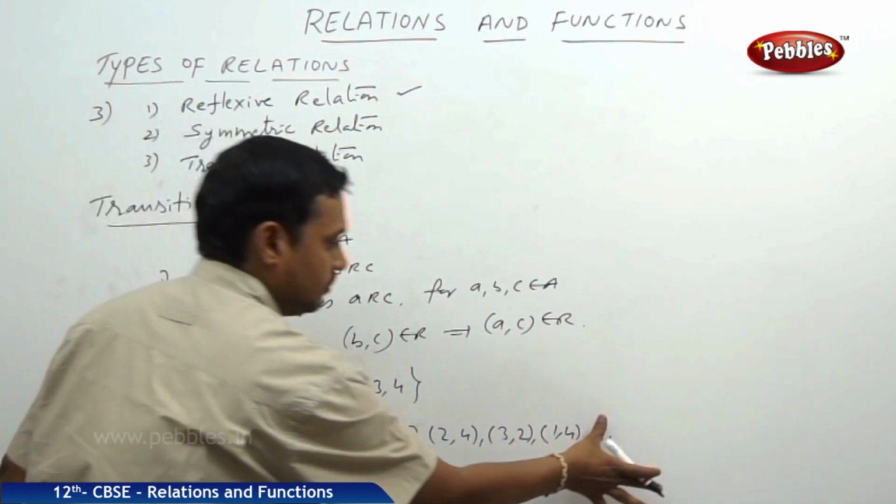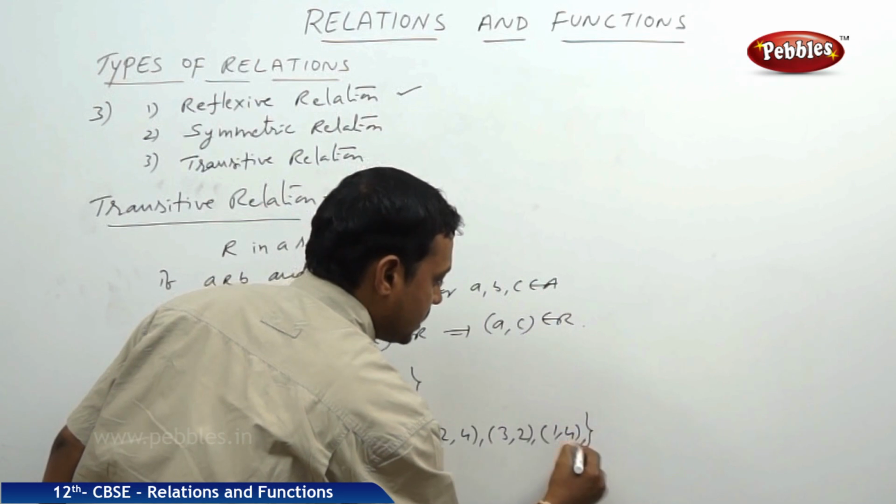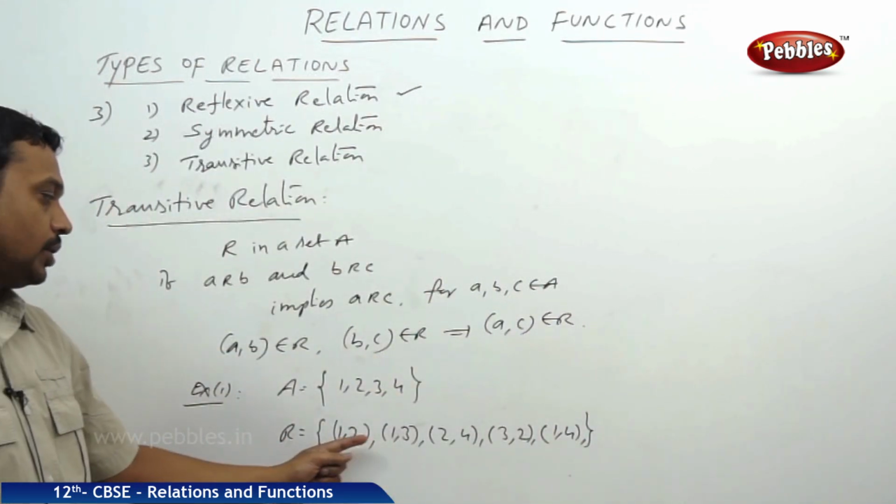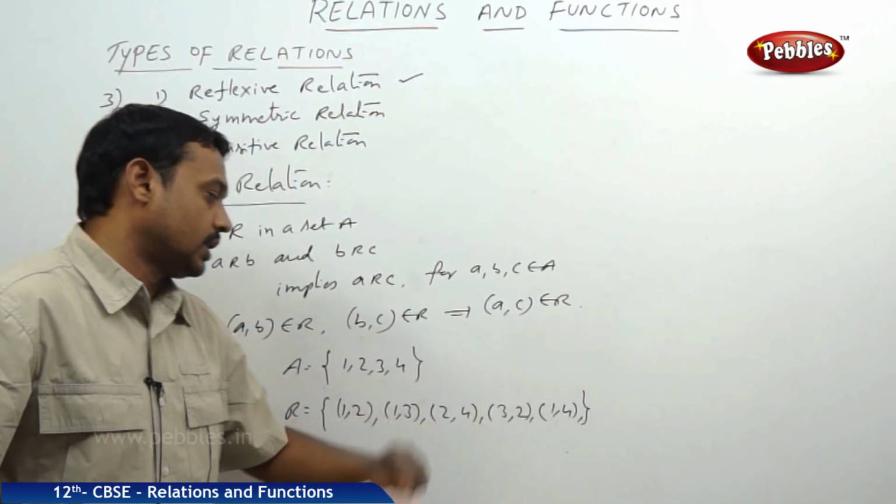Okay, it's enough. See, now suppose I take one relation like this: (1, 2), (1, 3), (2, 4), (3, 2), (1, 4).